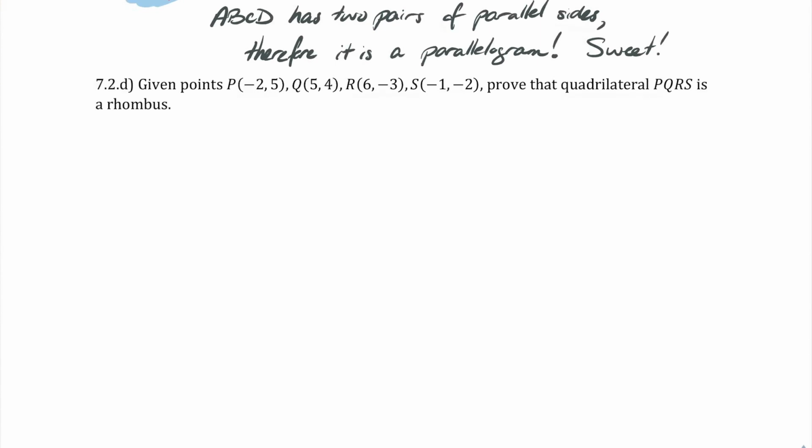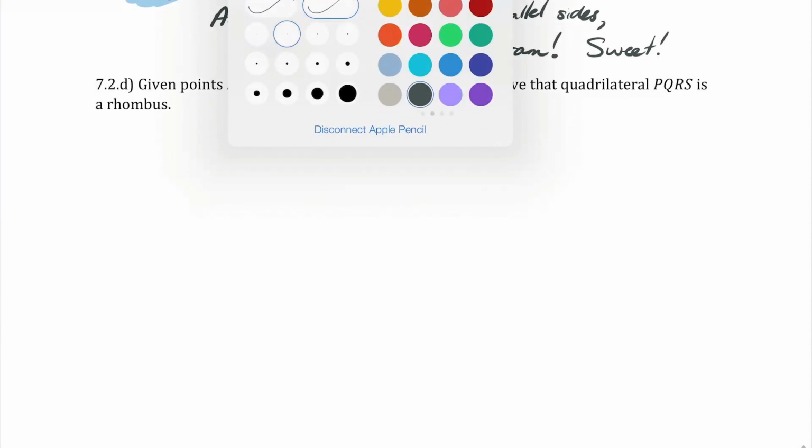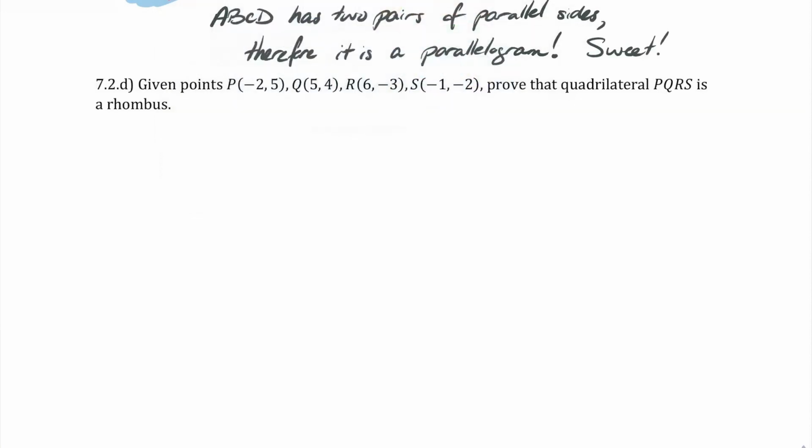So first, we're going to make sure that we have 2 sets of parallel lines. So just as Mr. Athai did in the question above, we're going to pick a pretty color. What you feeling? So many options. I'm going to go with this dusty blue color. All right, so we're going to do the same thing as above. We're going to take the slope of PQ.